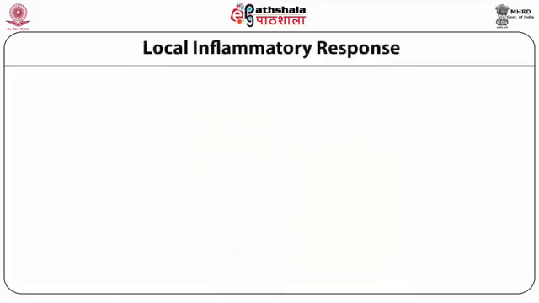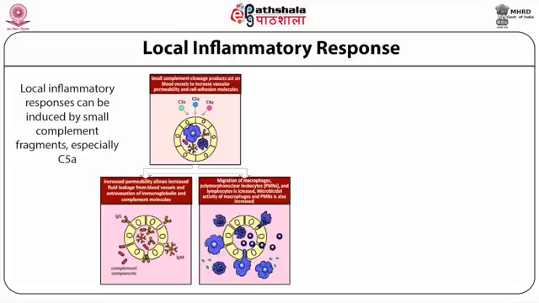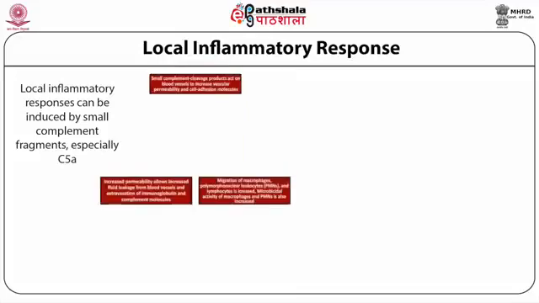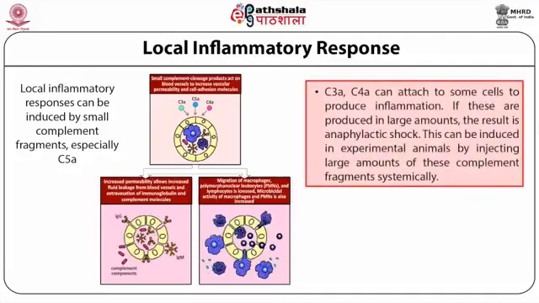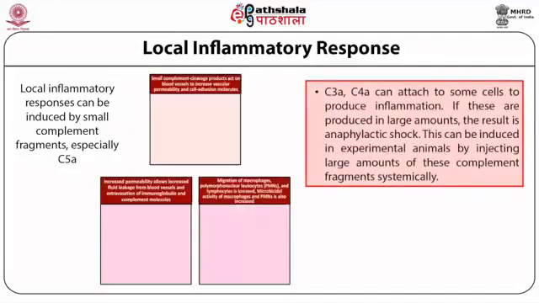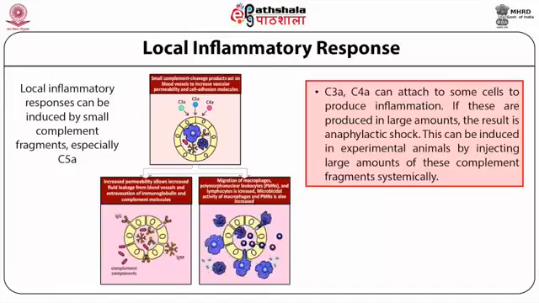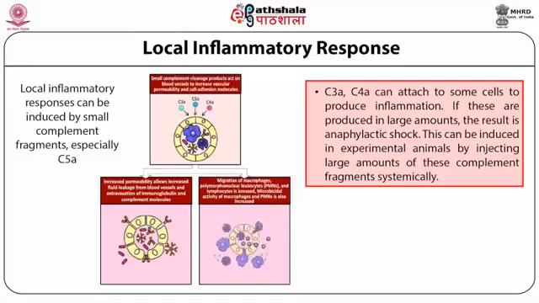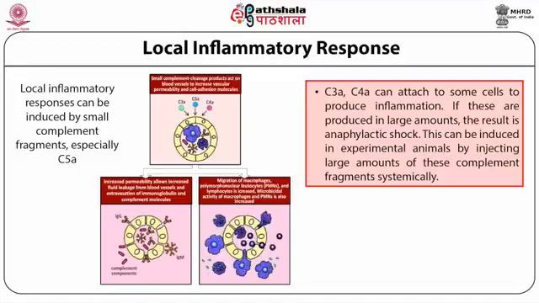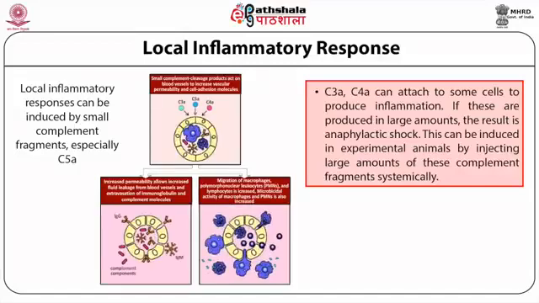This slide shows how local inflammatory responses can be induced by small complement fragments, especially C5a. Fragments C3a, C4a and C5a are small fragments which are created during complement activation pathways. These can attach to some cells to produce inflammation.